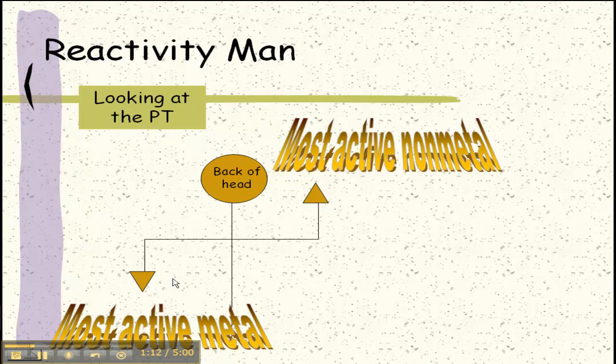So if we're looking at the periodic table, in the bottom left-hand corner, the most active metal is going to be francium. Up here, the most active nonmetal, you might be tempted to say helium. But remember, helium is a noble gas and it does not react. So the most active nonmetal is actually fluorine.